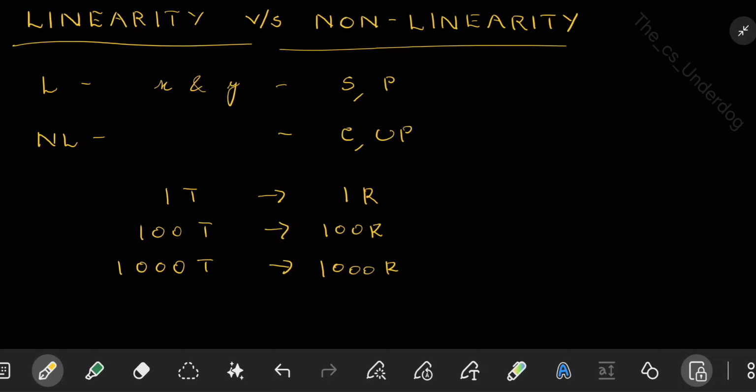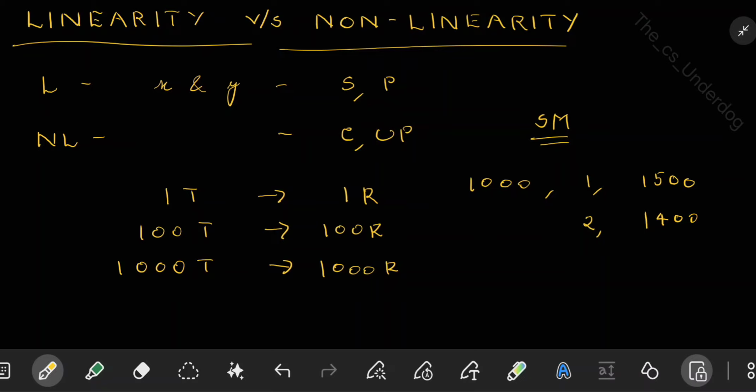Let us say you want to invest in the stock market. You are investing 1000 rupees in the stock market. At the end of the first year, let us say you got 1500 rupees in total. That is, your 1000 became 1500. But at the end of the second year, it decreased in value and reached 1400.